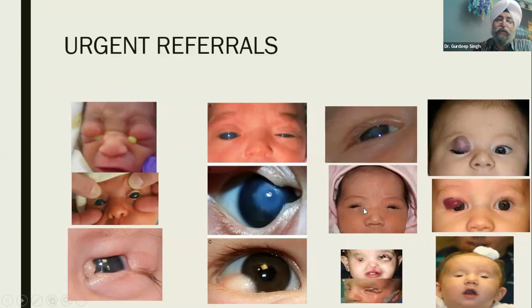And dacryocystocele, which can become a lacrimal abscess and cause more problems. The syndromal associations of all these have to be ruled out. That is what we need to look at.